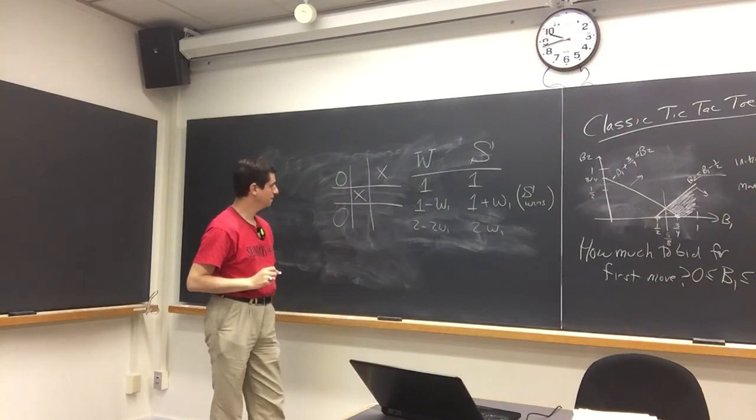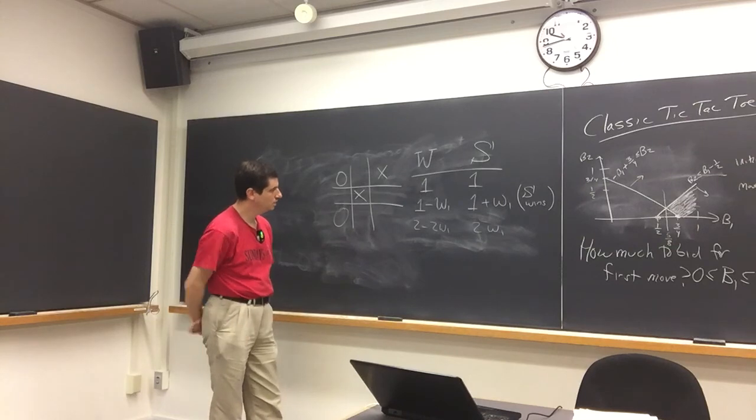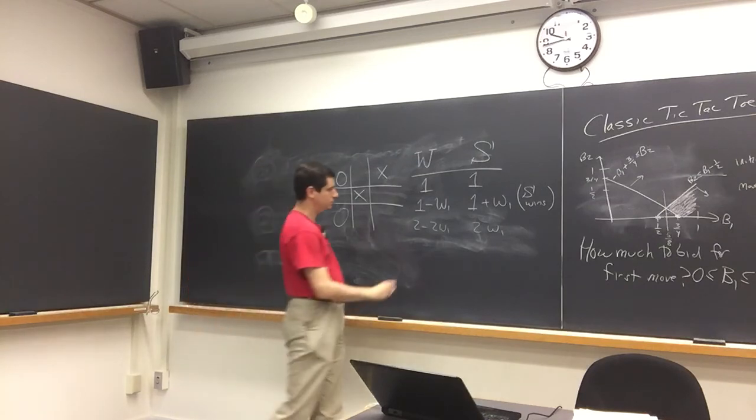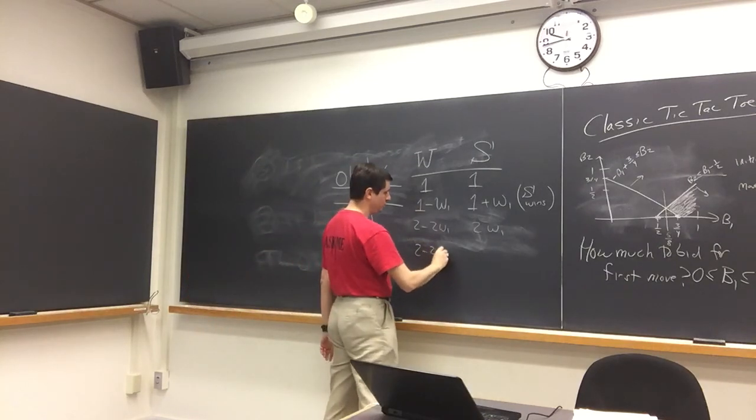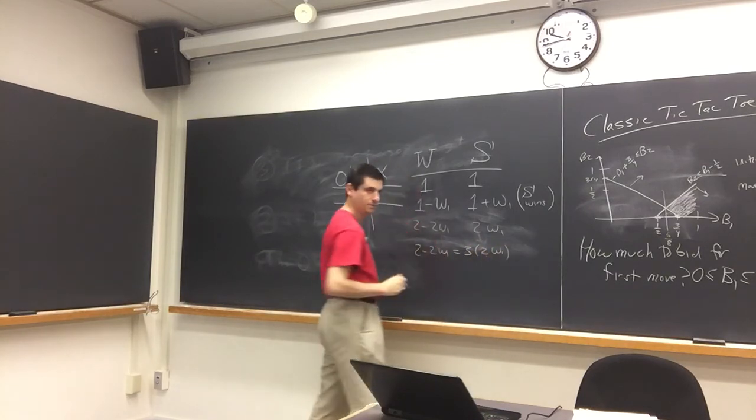Oh, wait a minute. No, this is not enough for us to win, I'm sorry. But if it was greater than 3 times 2W1, we would win. So 2 minus 2W1, let's say that equals 3 times 2W1.